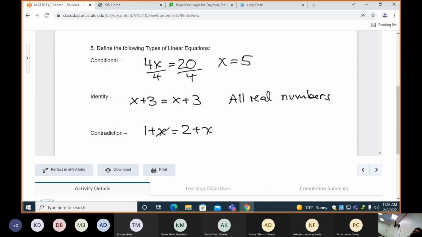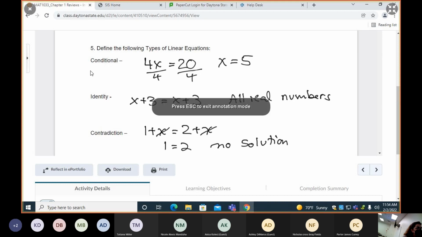If you were to solve it, you're left with 1 equals 2, which means we have no solution. Okay, cool. What instructors sometimes perceive as the easiest question, like just make up an example, sometimes doesn't seem to be that easy.